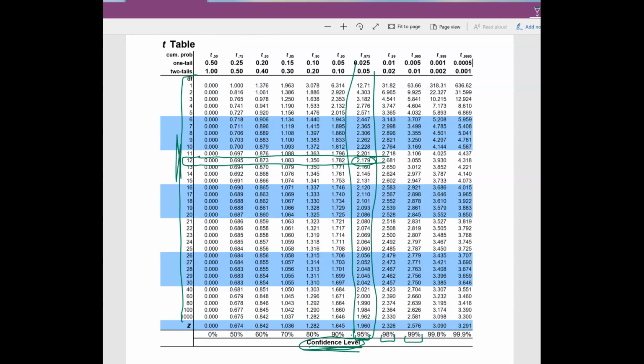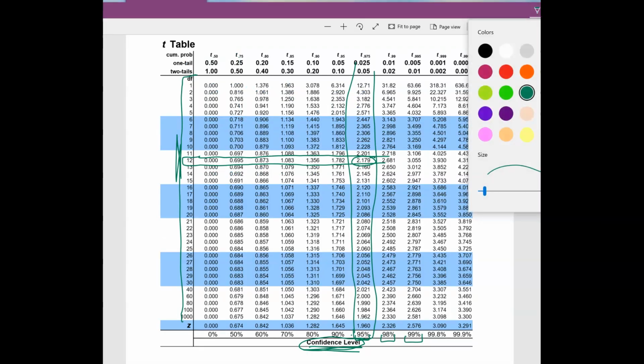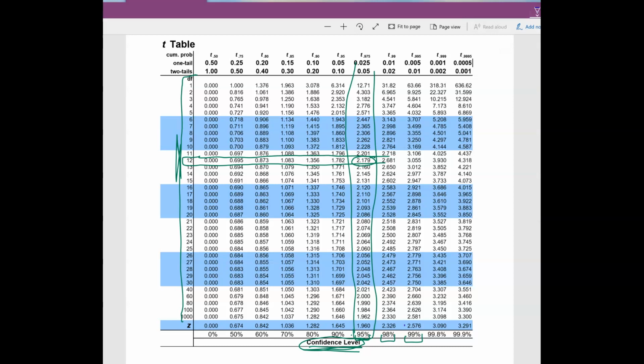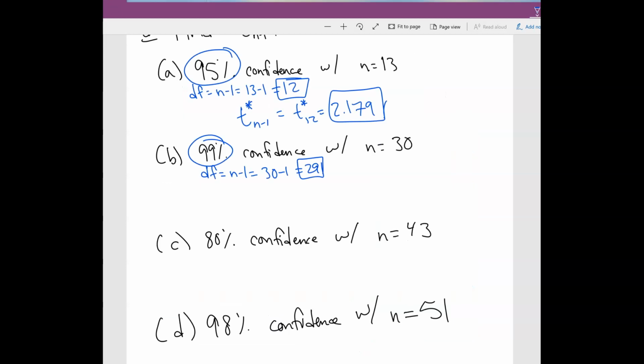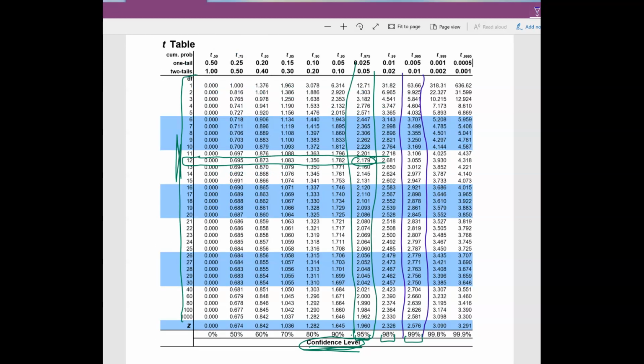Okay. So first, let's look at 99% confidence. 99% confidence is right here. So here's 99% confidence. All of this guy is 99% confidence. And my degrees of freedom in this case was 29. So I'm going to locate 29, which is going to be right here.